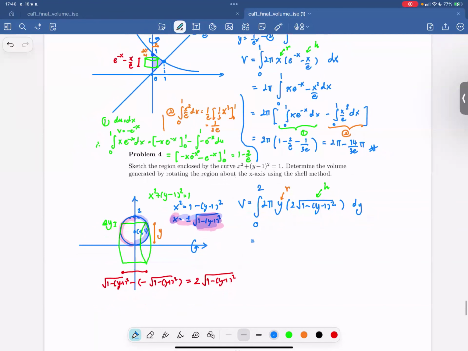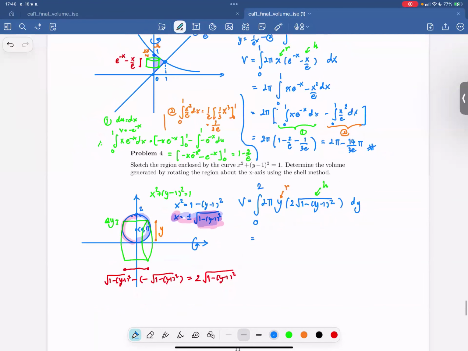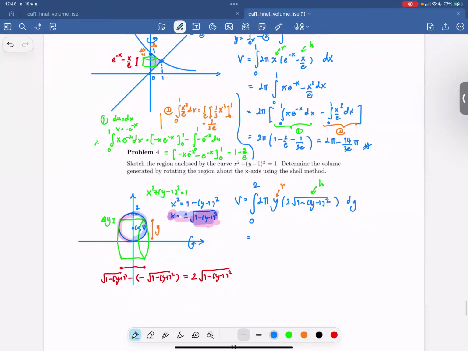I may put the constant out, 4 pi, integral from 0 to 2 of y times the square root of 1 minus (y minus 1) squared dy.